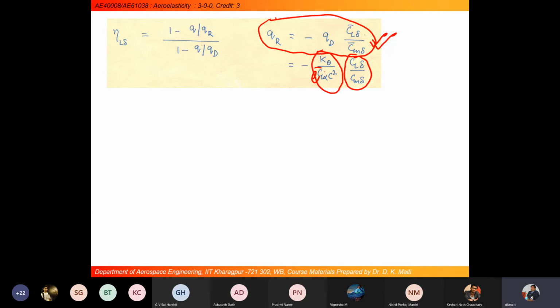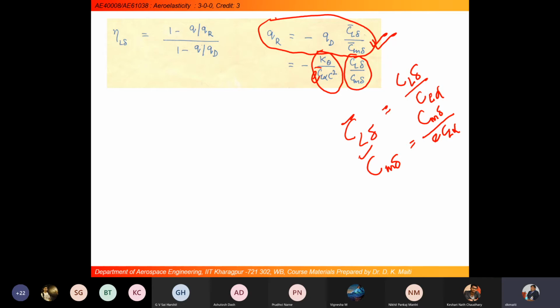Q reversal can be calculated as minus Qd Cl delta bar by Cm delta bar, and substituting here, if you look at Cl delta bar, we have given it as Cl delta by Cl alpha, and Cm delta bar we have defined as Cm delta by e Cl alpha. So these two I have substituted here.